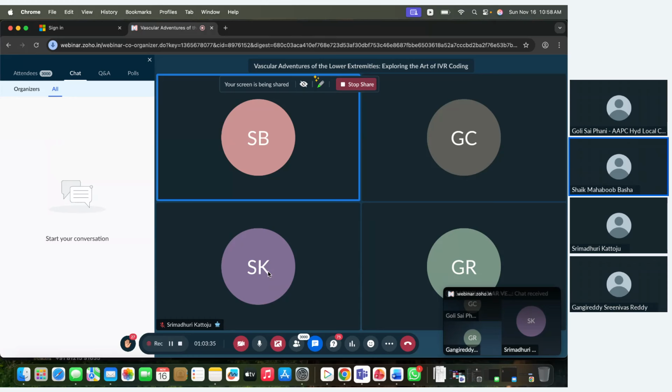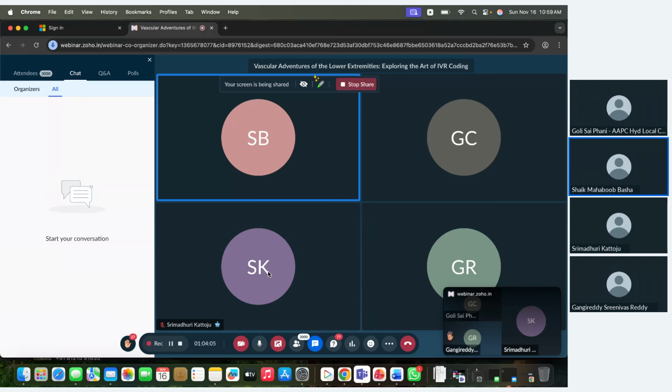Satish Kumar says the tibioperoneal trunk is inclusive. Same side doesn't matter here. The guideline says the tibioperoneal trunk is not considered a separate blood vessel from the peroneal artery and posterior tibial artery. That is the reason we cannot code separately.